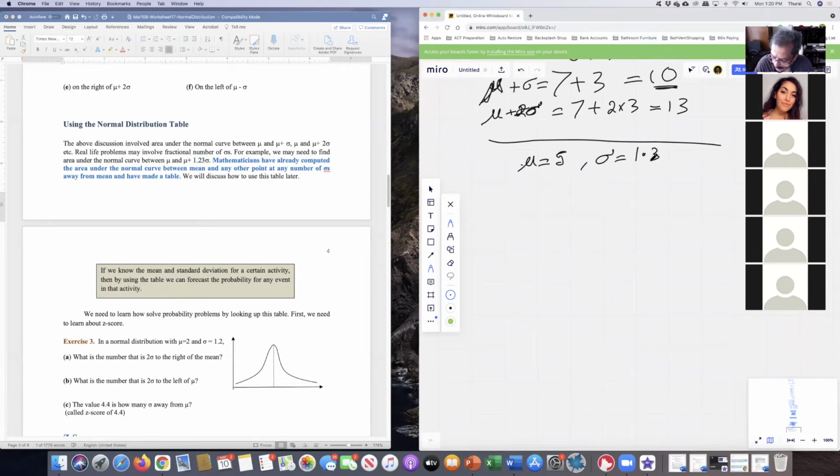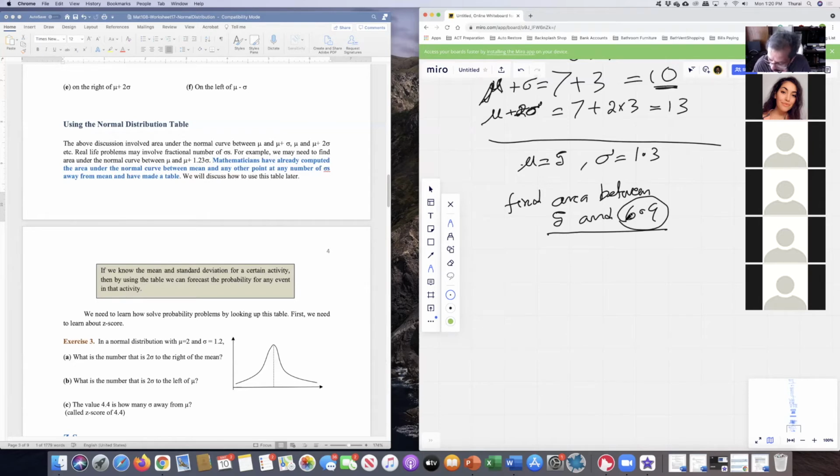And then they ask you, okay, find the area between 5 and 6.9. So this is the kind of question we need to answer. Find the area under the normal curve between 5 and 6.9. Then I have to figure out 6.9 is how many sigmas away from 5. That's what I need to figure out.